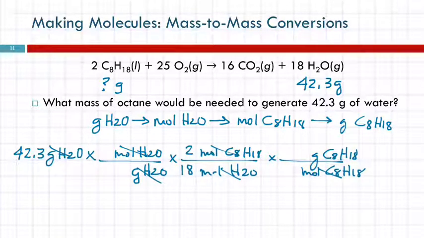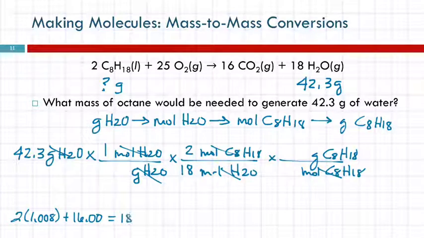Don't use them anywhere else in this. Now I want to know what the mass of 1 mole of water is. So that's 2 times 1.008 plus 16, 18.016 grams per mole.